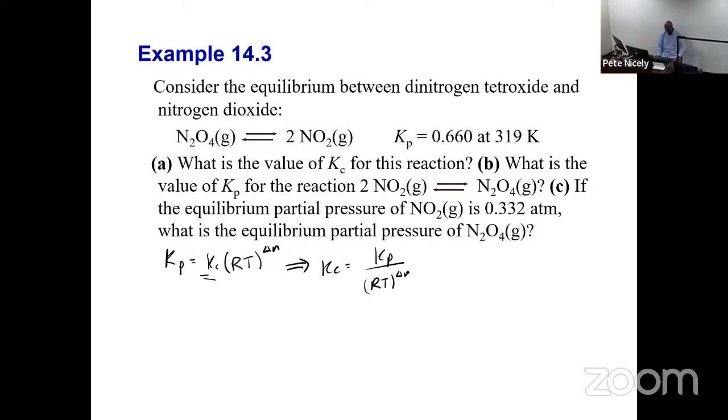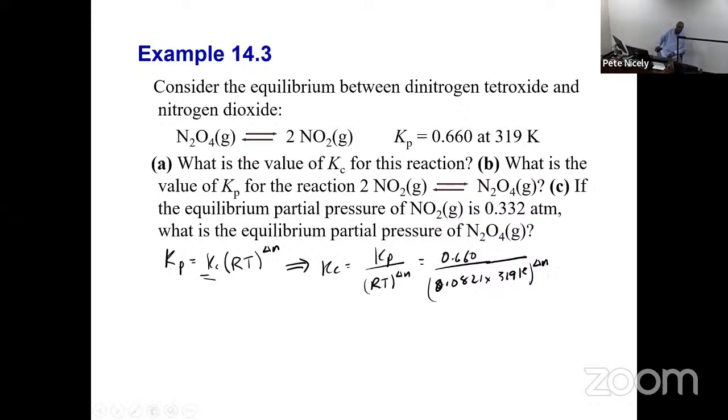n. And then all we have to do is plug the numbers in, 0.660 for Kp divided by R, which is 0.0821 times the temperature. What's the temperature? 319 Kelvin. And all of this must be raised to delta n.